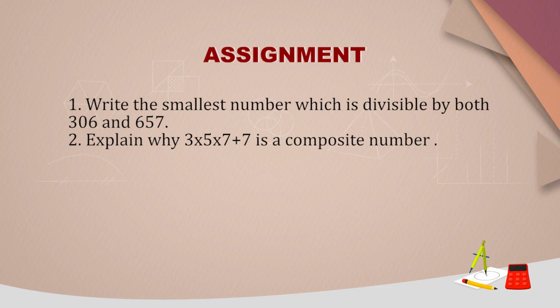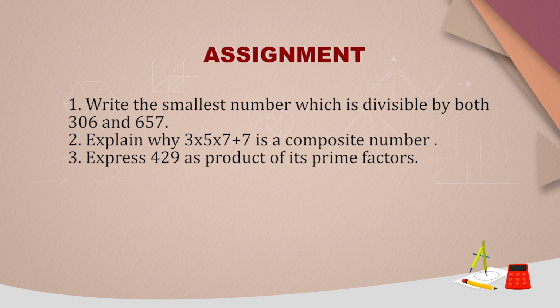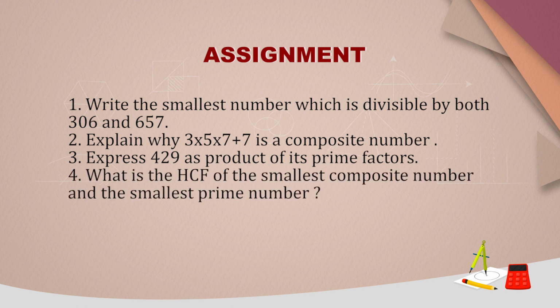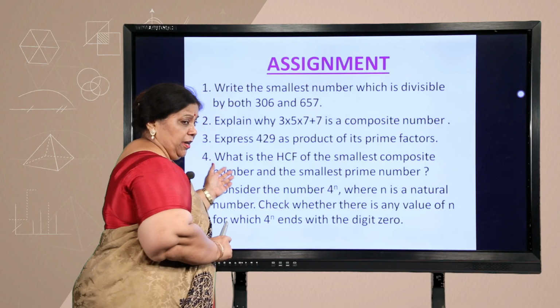Next question, explain why 3 into 5 into 7 plus 7 is a composite number. Question number 3, express 429 as a product of its prime factors. Fourth question, what is the HCF of the smallest composite number and the smallest prime number? I can give you a hint here.